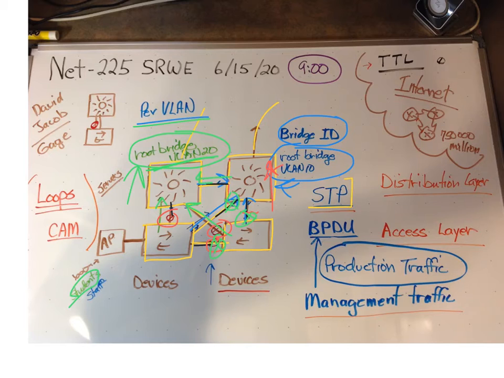So, spanning tree protocol, we have protocol data units that are sent all the time, and that's management traffic. But the production traffic, that's the traffic we want to be able to have redundant links for. And that's the traffic that the people want. They'll use it.